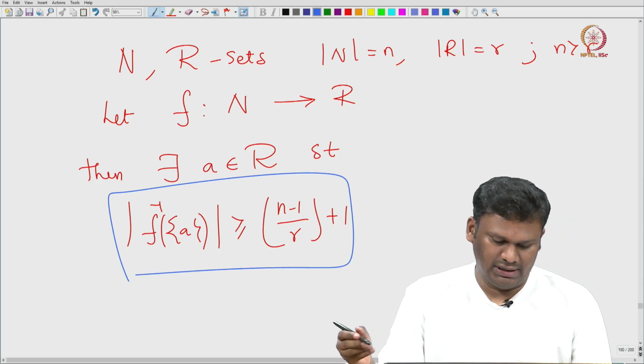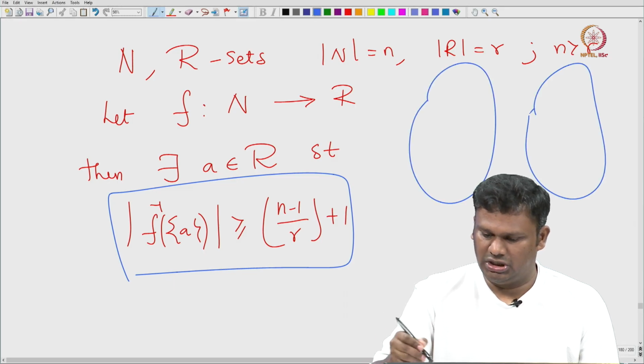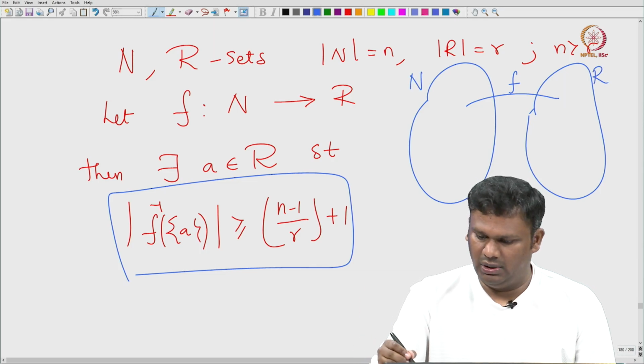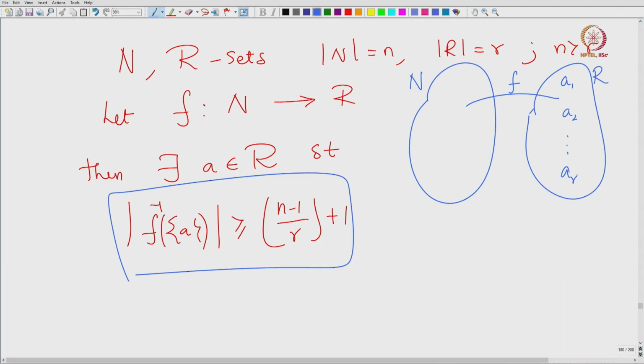Let us look at this pictorially. We have this function defined between N and R, and we have only r elements here. So, you have a1, a2, etcetera ar, and then you have elements x1, etcetera xn.